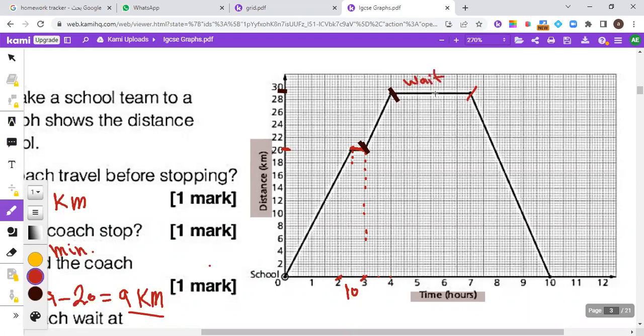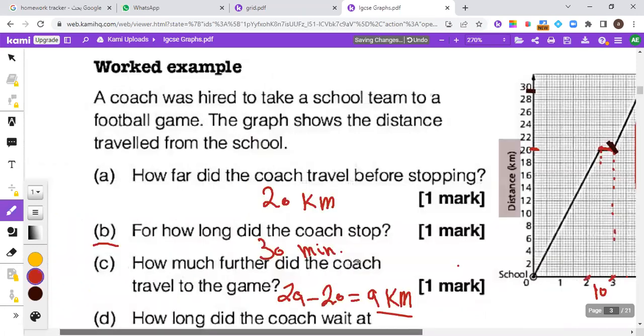For how long? 3 hours, from 4 to 7. Here is 4 and here is 7. So 3 hours. MashaAllah, thank you.